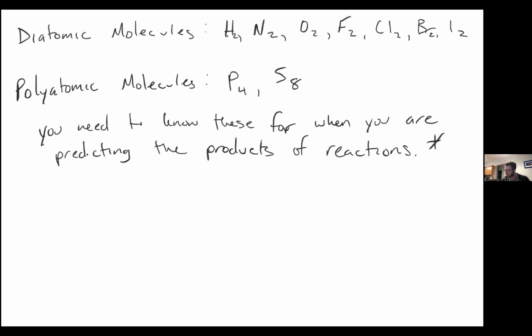And predicting reactions will be in section 3. Okay, so we will cross that bridge when we get there. But just make sure that you know what the diatomic molecules are and what the polyatomic molecules are.